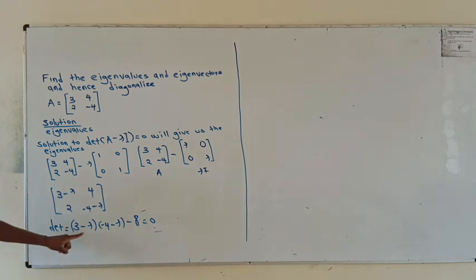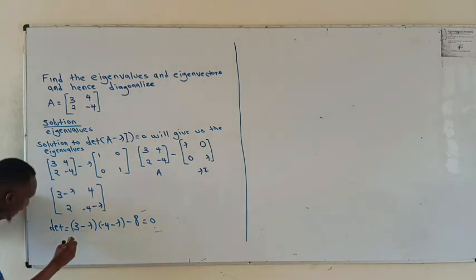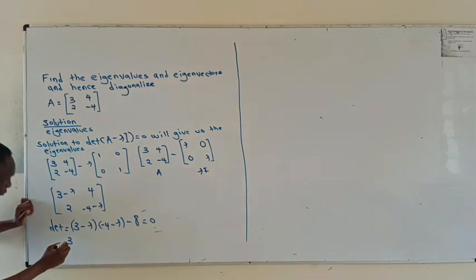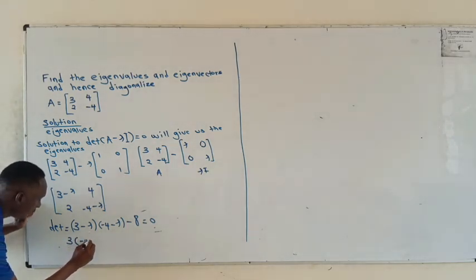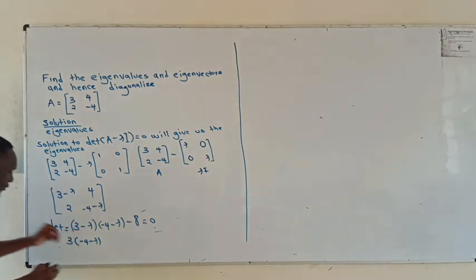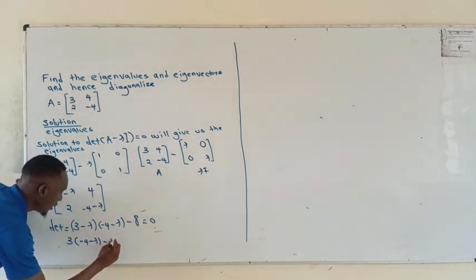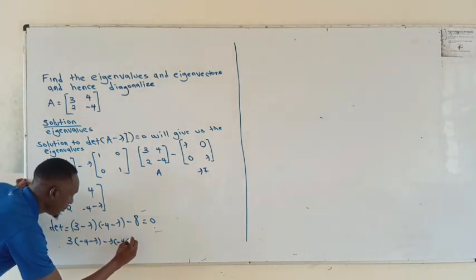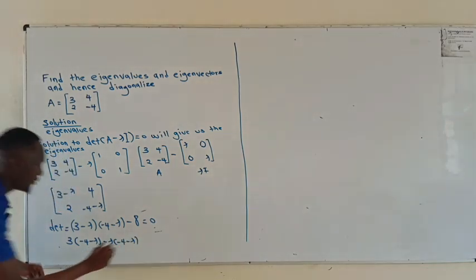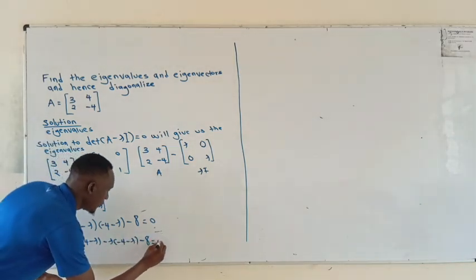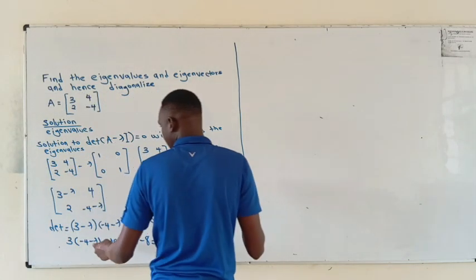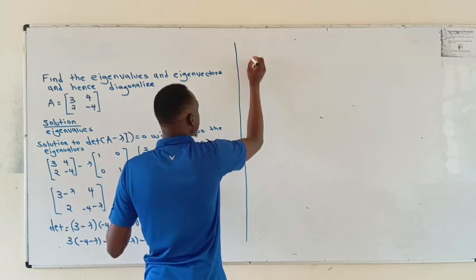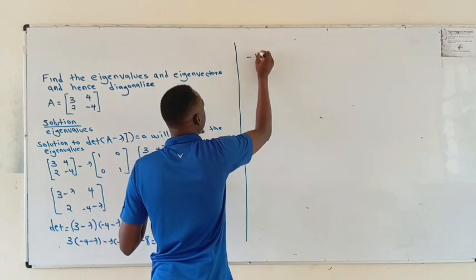Now let us expand this. We have 3 into negative 4 minus lambda, then minus lambda into negative 4 minus lambda, then minus 8 should be equal to 0. Now expanding this, we have 3 times negative 4, which is negative 12.